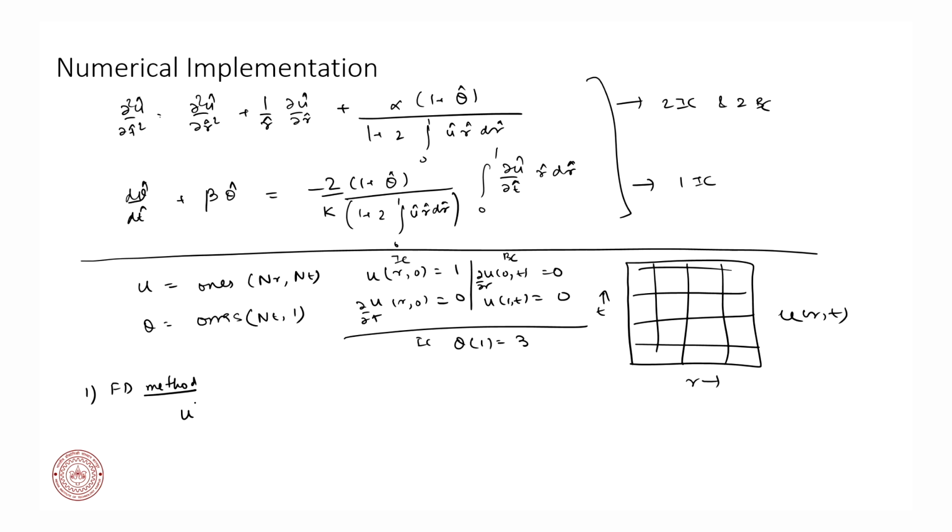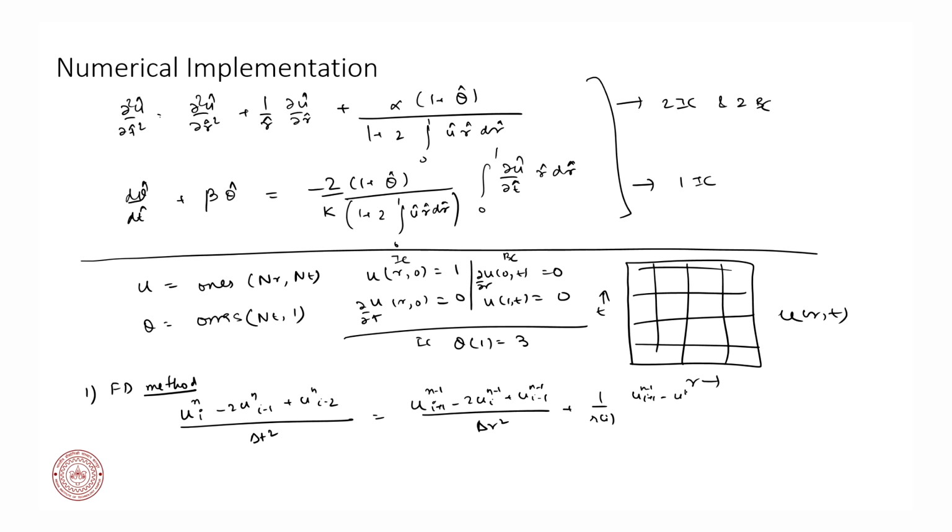We can say that u for n plus 1, or nth time step, I minus 2 u of n minus 1 I, this makes it very similar to a MATLAB code, by delta t square is equals to u of n minus 1 I plus 1 minus 2 u of n minus 1 I plus u of n minus 1 I minus 1 by delta r square, plus 1 over r of I, u of n minus 1 I plus 1 minus u of n minus 1 I minus 1 by 2 delta r.